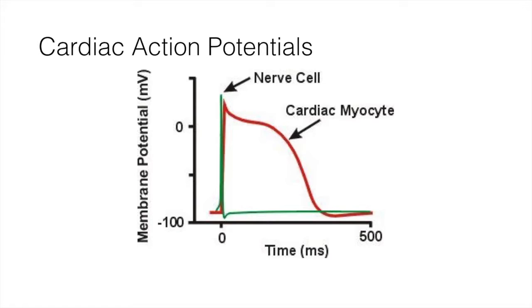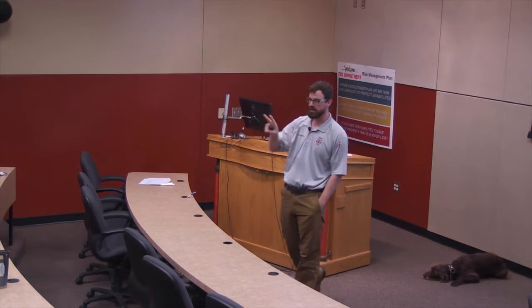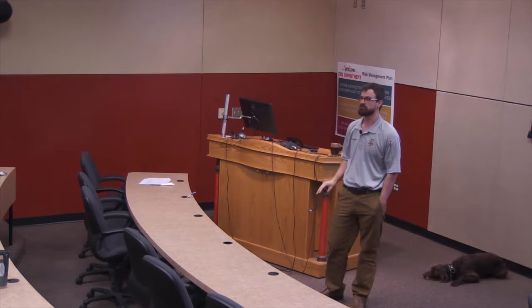So here's the cardiac conduction, or cardiac action potential, and I've got it right next to a nerve cell on this diagram, right? The nerve cell is in green. The cardiac myocyte is in red. These are the two systems where we are absolutely dependent upon excellent cellular signaling, okay?